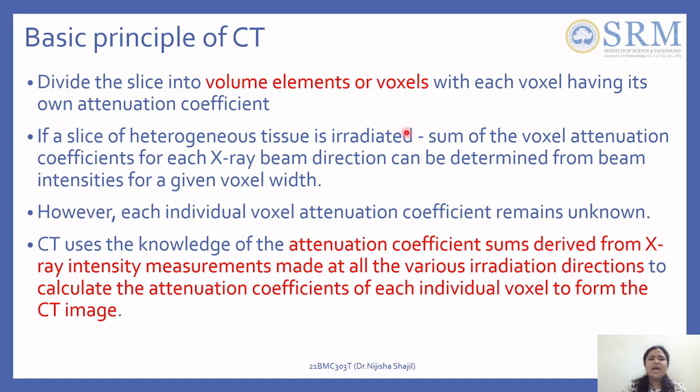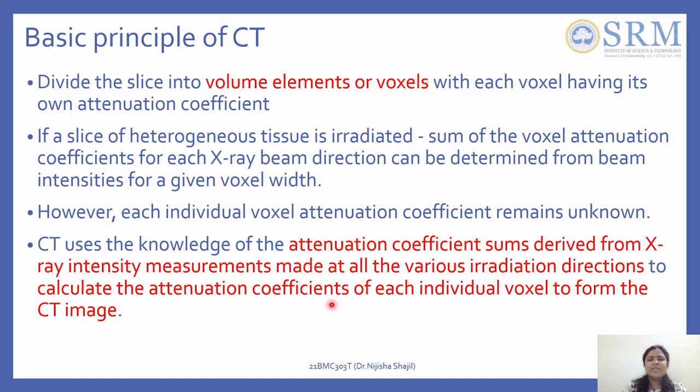Each voxel will have its own attenuation coefficient, correct? Everything will have different densities. Now imagine you have a continuous line of voxels. The total will be the sum of the voxel attenuation coefficients along each X-ray beam direction. Naturally, it is going to be added.